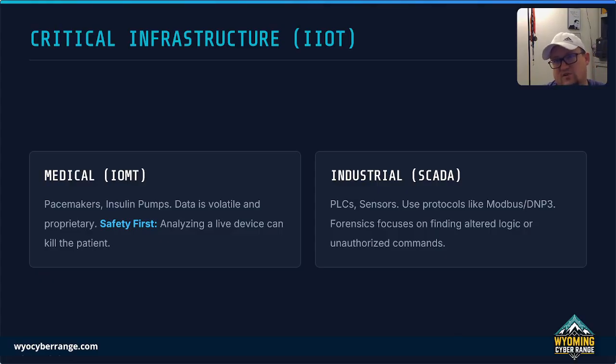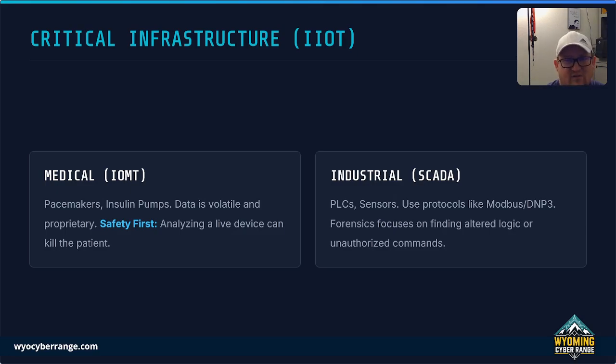Critical infrastructure involves industrial IoT. So in the medical field, IoMT, devices like pacemakers and insulin pumps contain volatile, highly proprietary data. The absolute rule here is safety first. So attempting a live extraction on a medical device attached to a patient can be fatal.